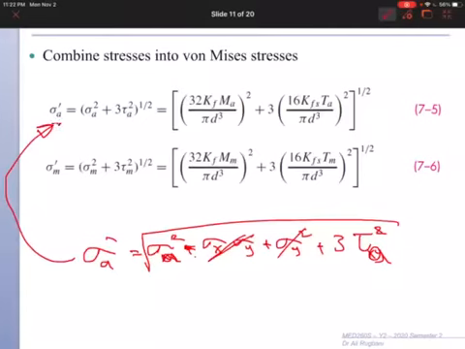You see, alternating normal stress von Mises comes from alternating normal stress and alternating shear stress. Same thing with mid-range. Sigma von Mises mid-range comes from mid-range normal stress and mid-range shear stress.